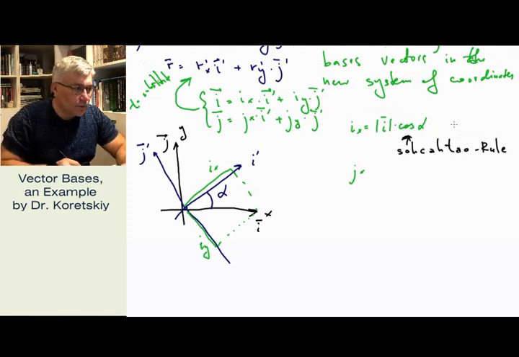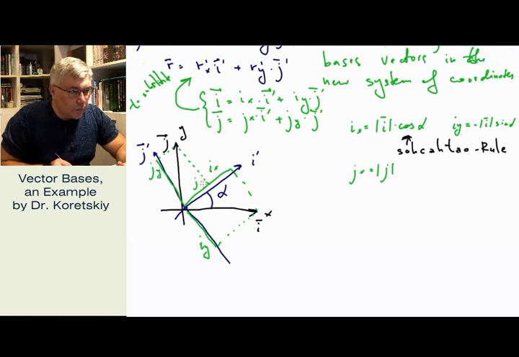So I can write down that i with new components in the new coordinate system is cosine alpha times i prime minus sine alpha j prime, and the j vector is sine alpha times i prime plus cosine alpha times j prime.